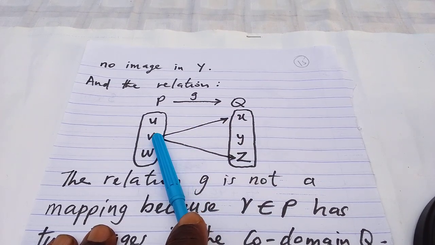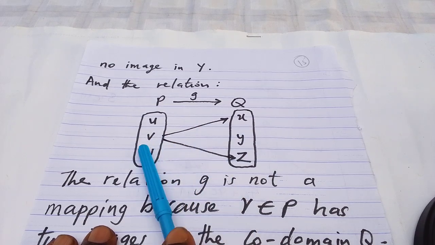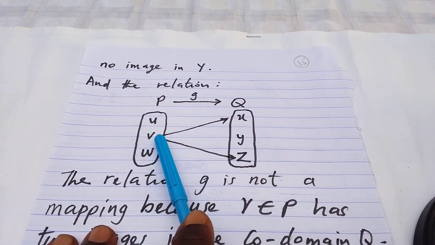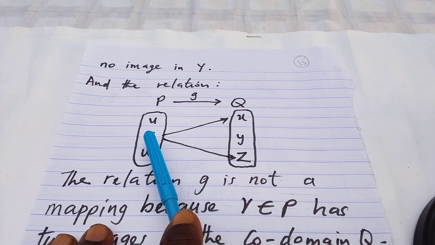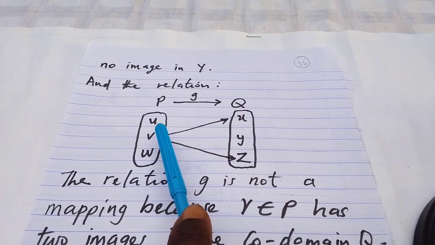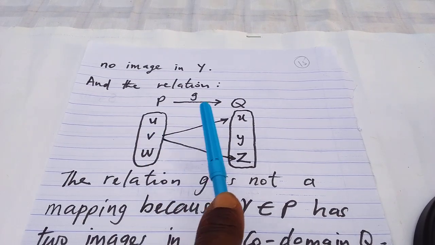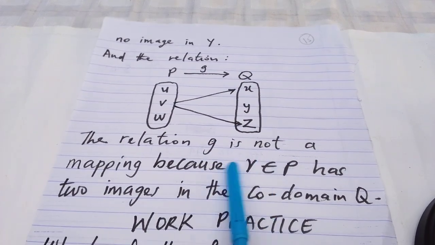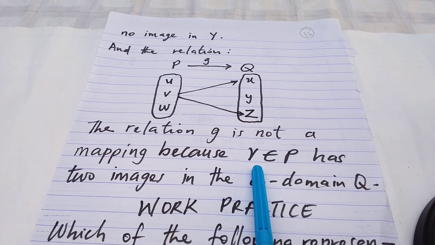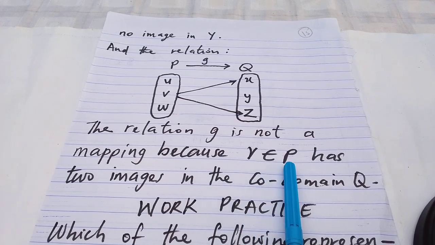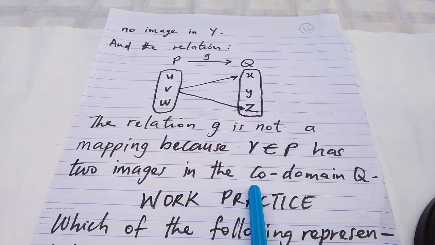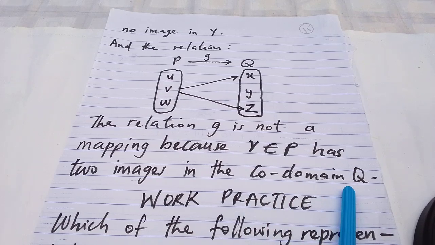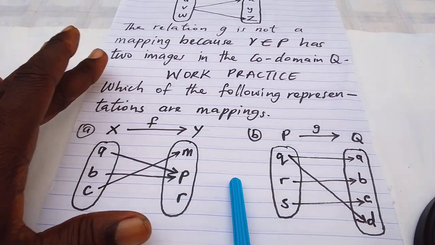For that reason, this is not a function. This is not a mapping because one of the elements here has two images. So the relation G is not a mapping because V, which is a member of P, has two images in the codomain.